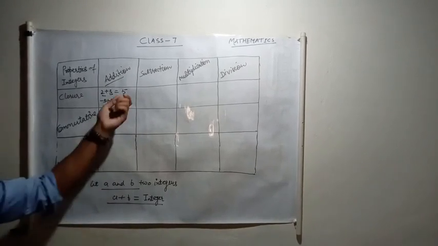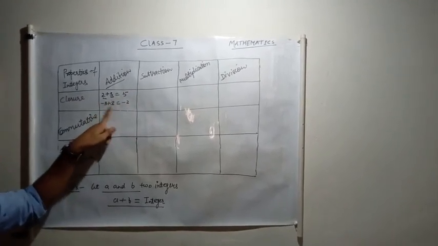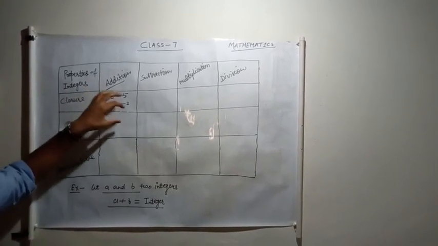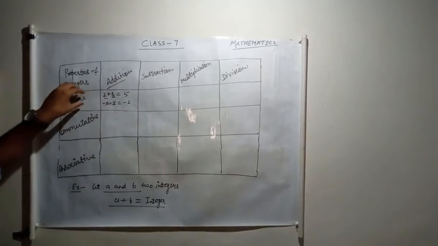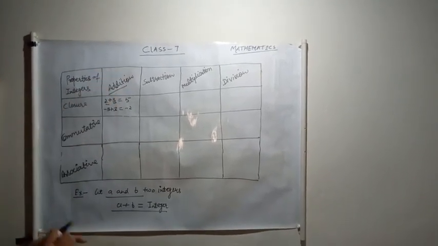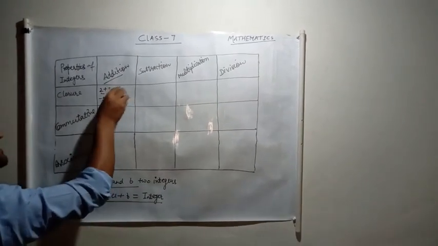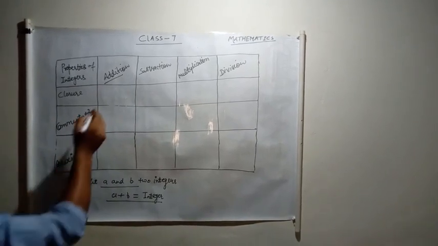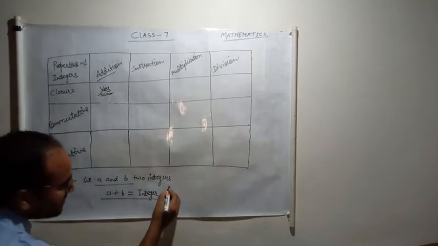So minus 2 is also an integer. 5 is an integer, minus 5 is an integer, and 3 is an integer. If we add two integers, we get another integer. Then we say that closure property holds for addition. So you will write: yes, closure property holds for addition.